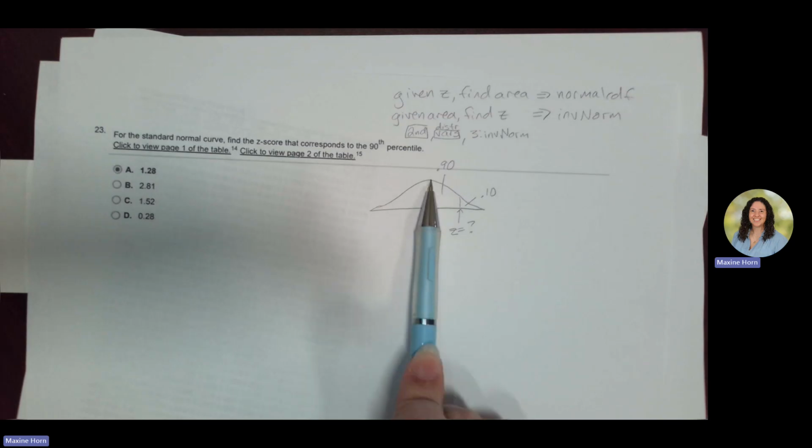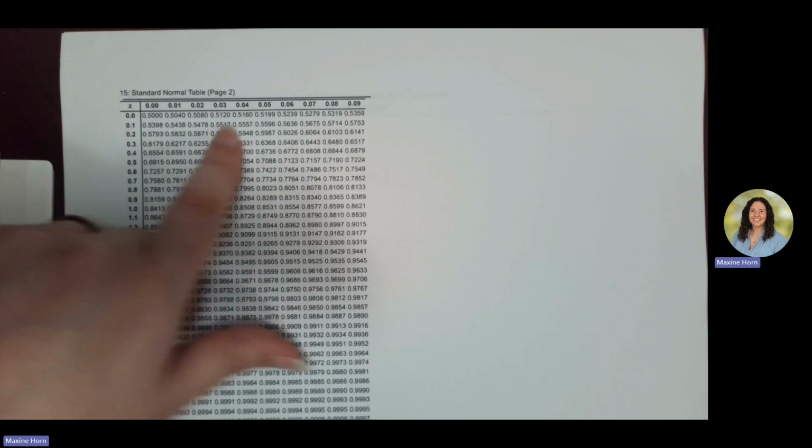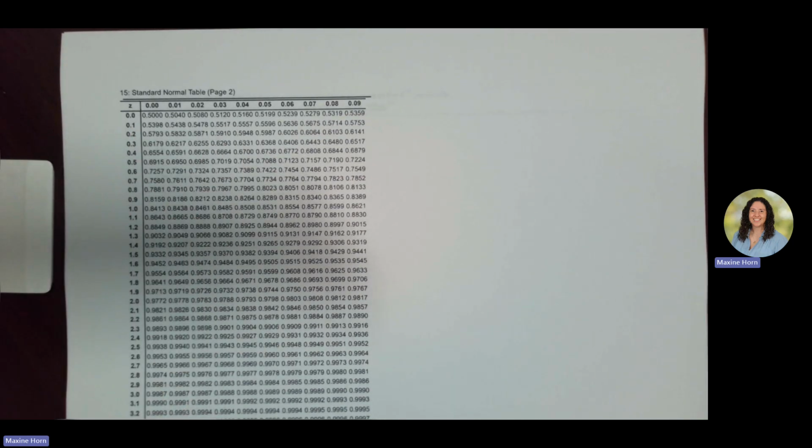Remember, right here in the middle is our mean, which is 50% of the area to the left and to the right. So if I'm more than 50%, I've got a positive z-score. So I'm going to go to the page that has my positive z-scores, and I'm going to find in the body of the table the number that's as close as I can get to 0.90.